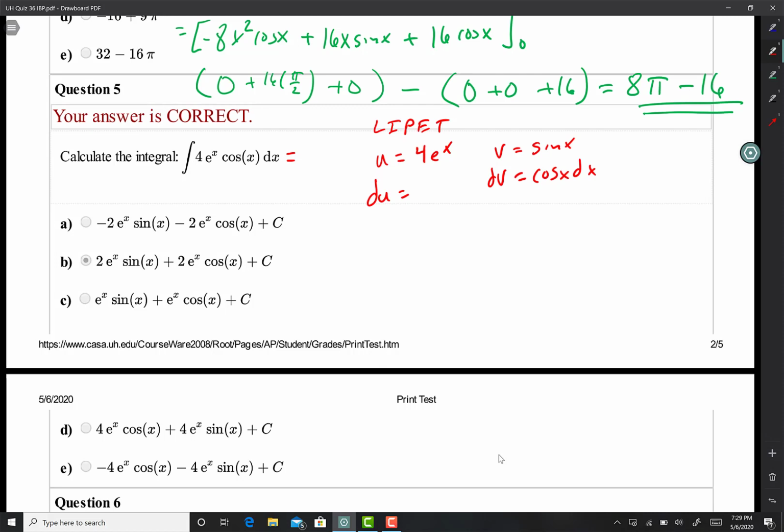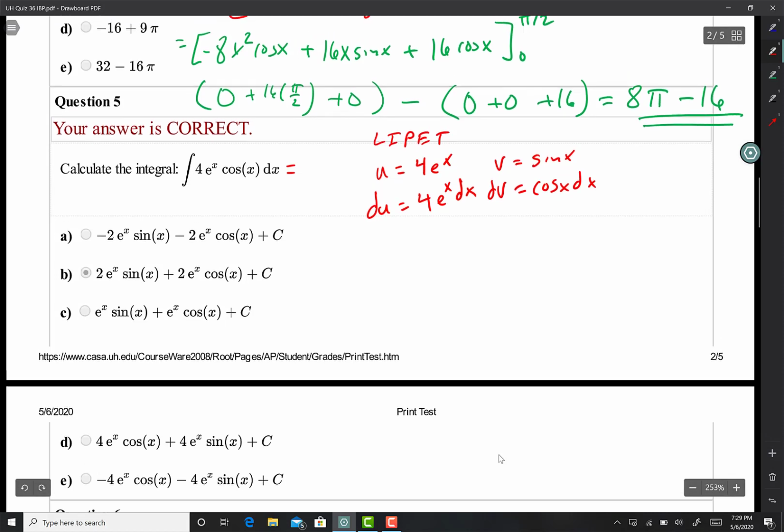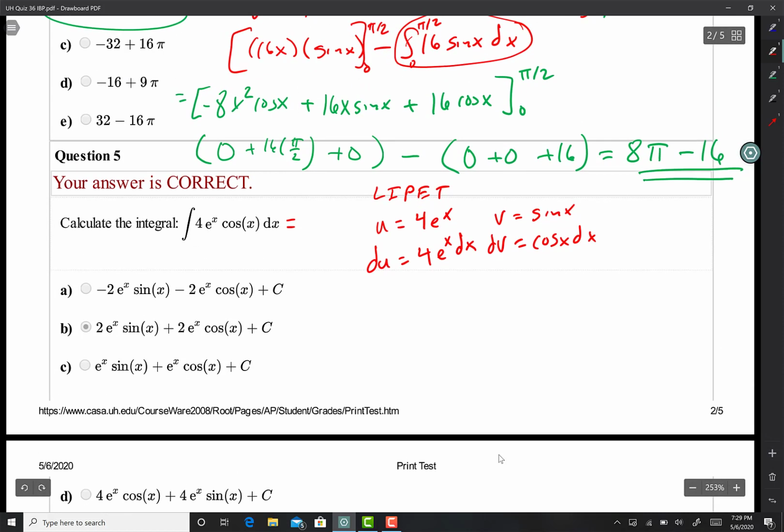All right, so now that I know that, that means that my v has to be sine x. And, well, because u is 4e to the x, that means that du is going to be 4e to the x dx. All right, so now we're in business. So let's go ahead and see what's up. So uv, so I'm going to write 4e to the x times sine x minus integral of v du. 4e to the x, v du, sine x.